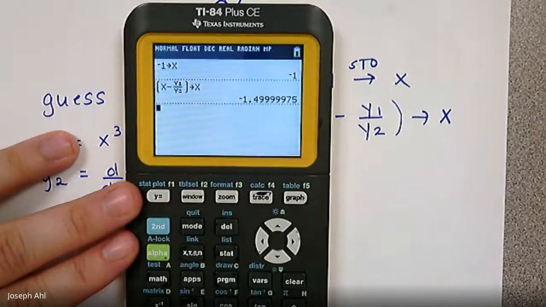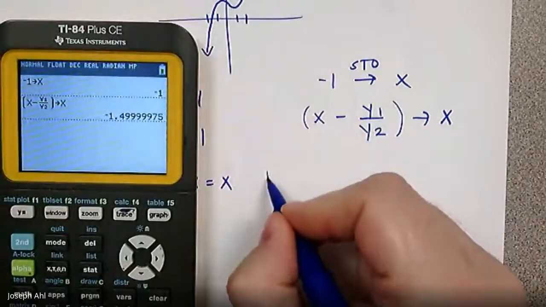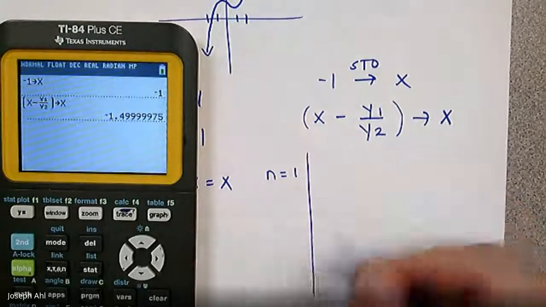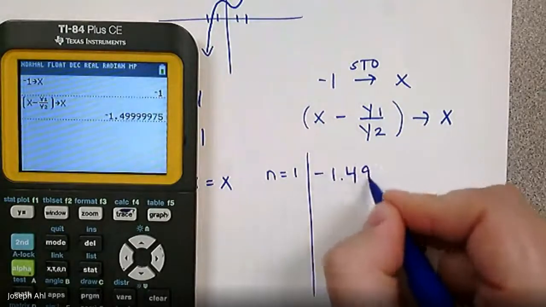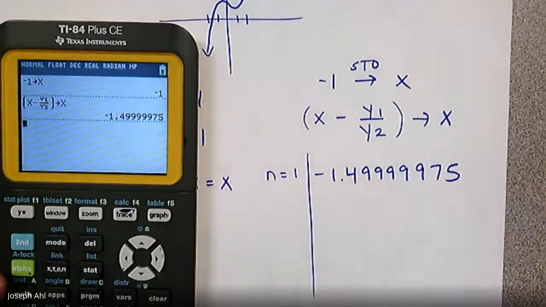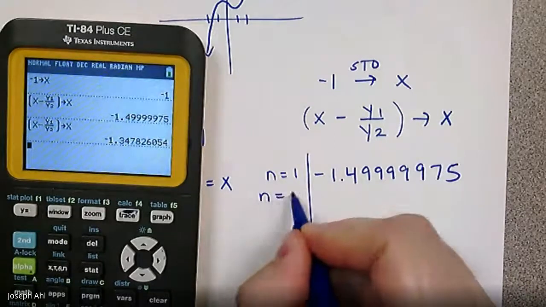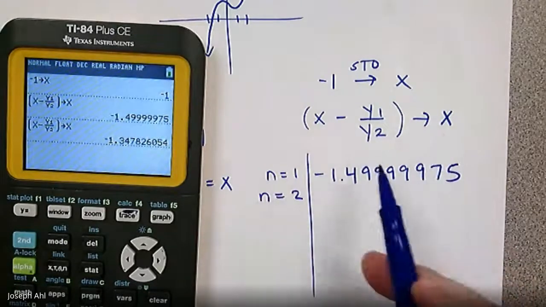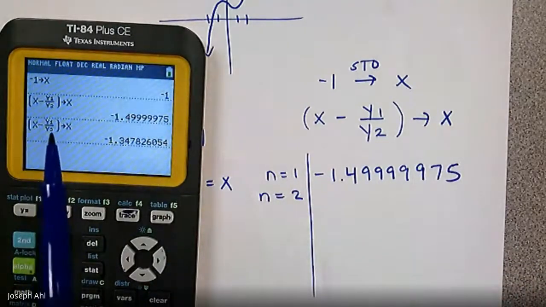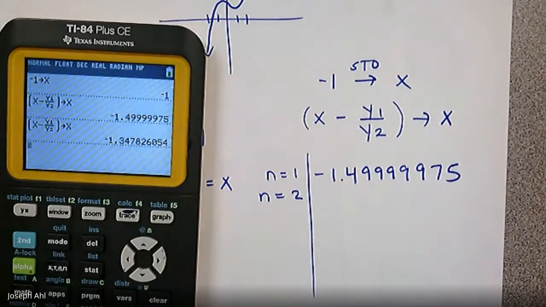So when I run through that for the first time, here's what Newton's method tells us: for n equals 1, we get -1.4999975. And then all you have to do is keep hitting enter. So what we did was we took this, stored it as x, such that when I run through this iteration again, we're now using that new x-intercept, that new root that we're testing.